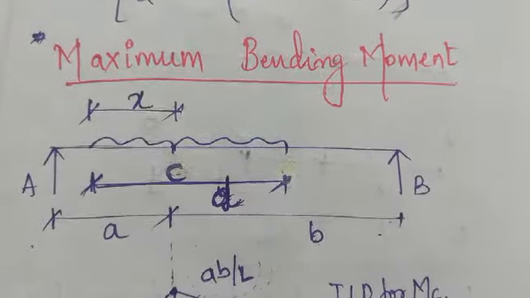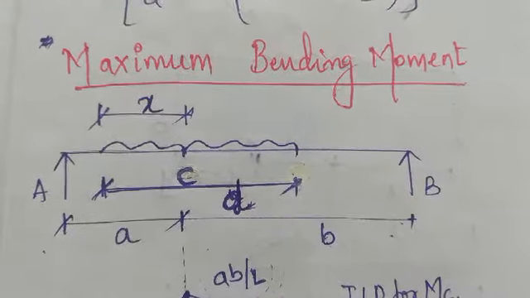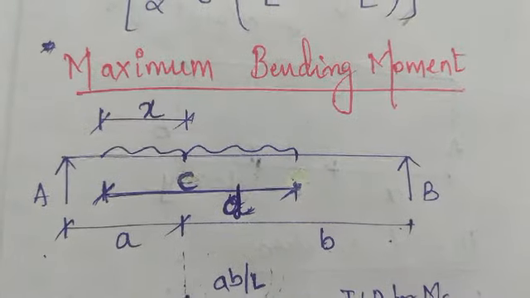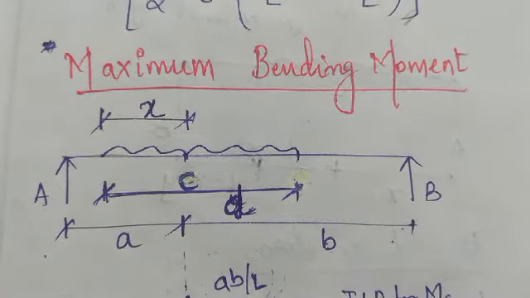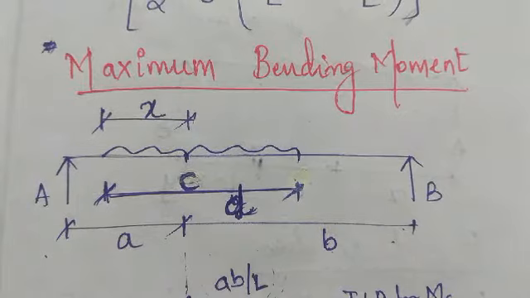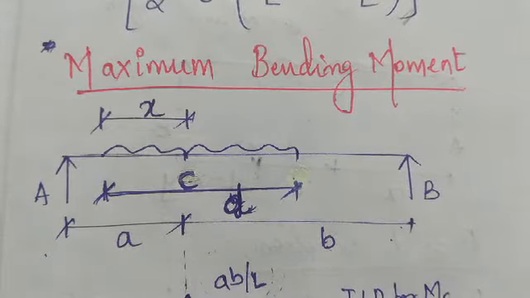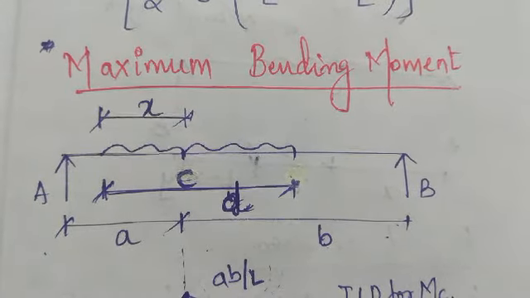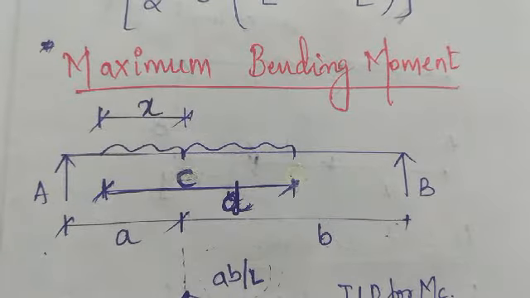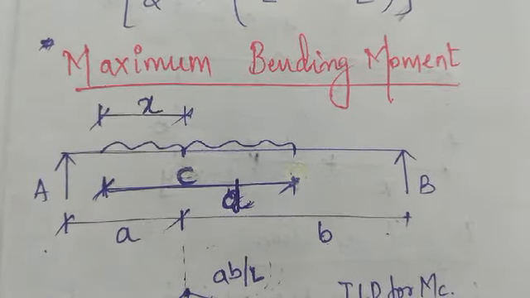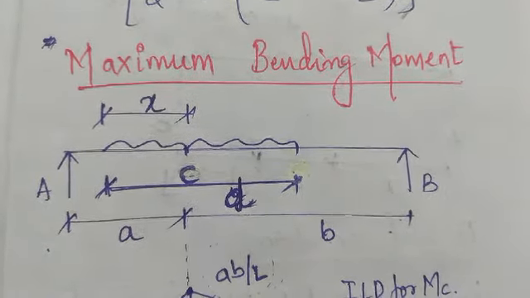Suppose the same simply supported beam AB, having length L, here we are having a UDL and we are calculating the maximum bending moment at point C. We are just assuming that at point C we are going to have the maximum bending moment.